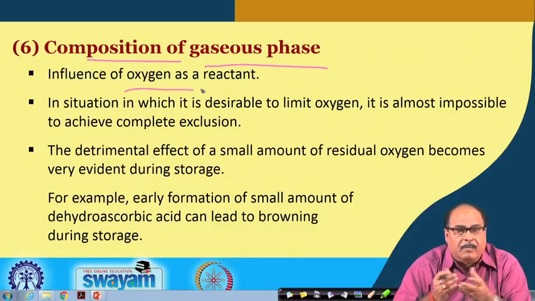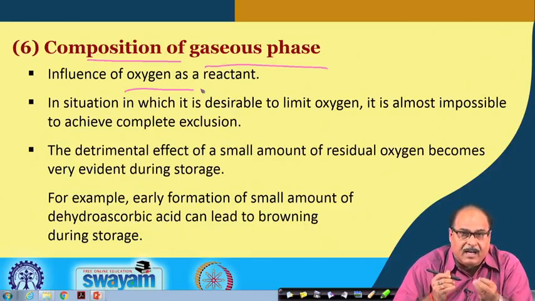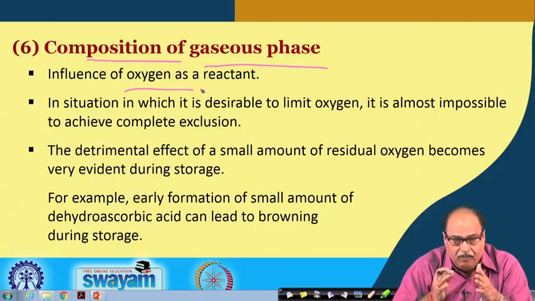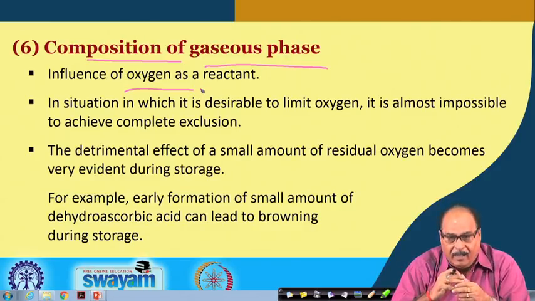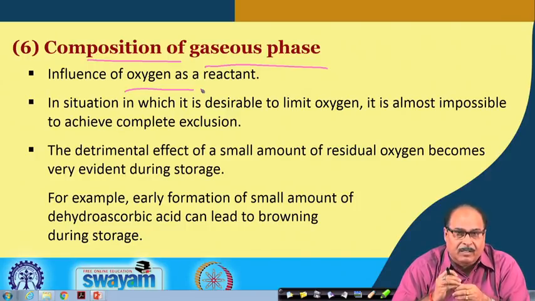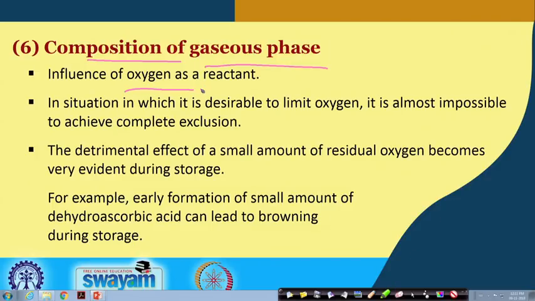One very common example is oxygen. If we are storing a material which is likely to be spoiled by aerobic microorganisms, then the presence of oxygen might be a deterrent in that system. So, environmental composition of the gases, the presence or absence of oxygen in the system, might influence it.